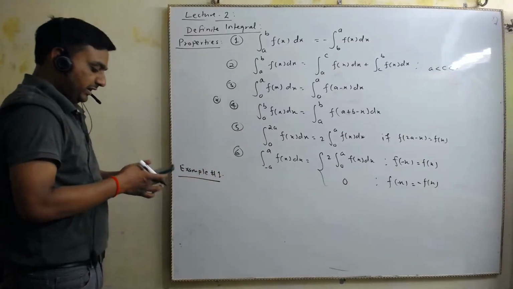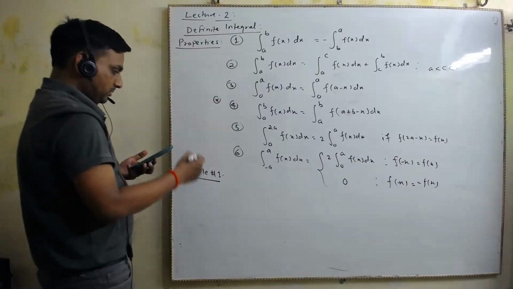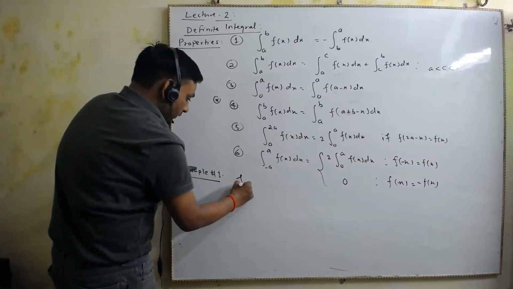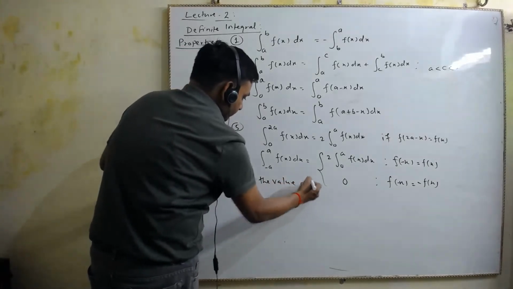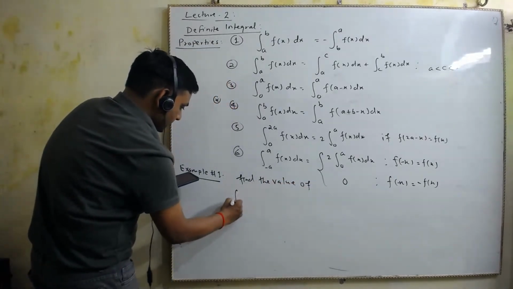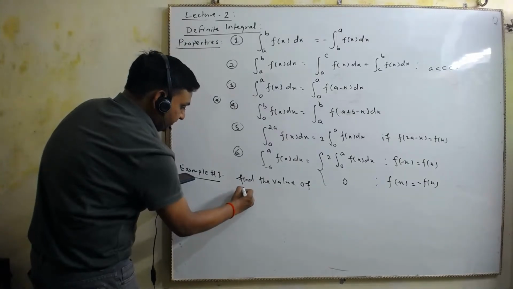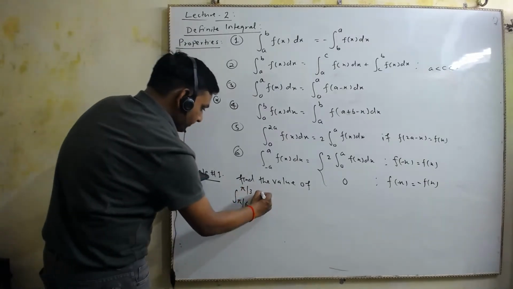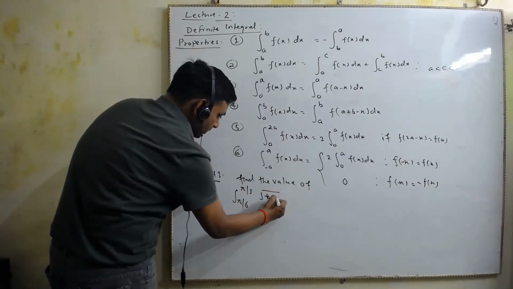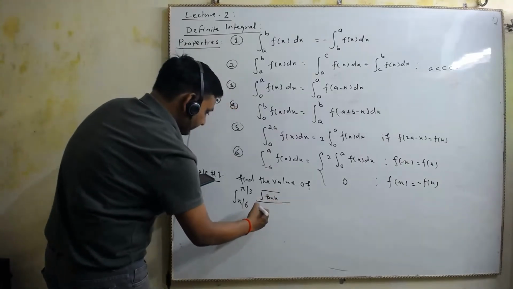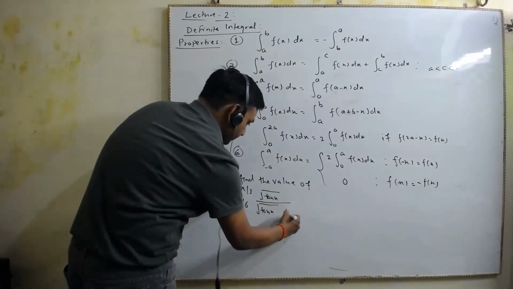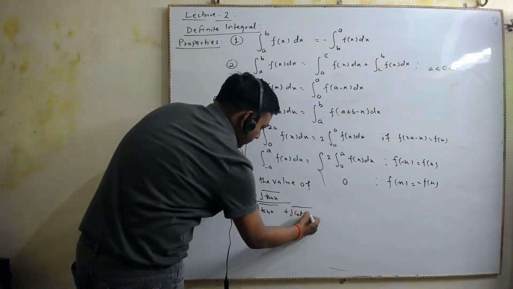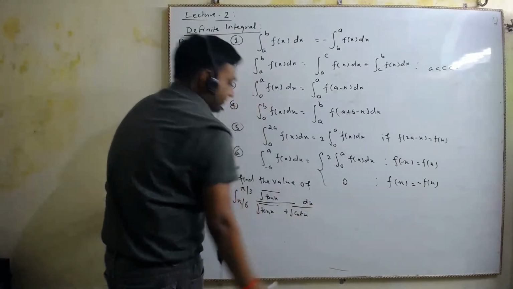Okay? Let's take an example. Find the value of the integral from pi by 6 to pi by 3 of 1 over (square root of tan x plus square root of cot x) dx.